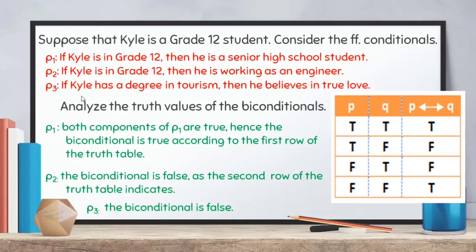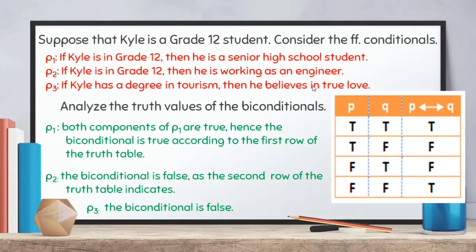Now for our third statement, if Kyle has a degree in tourism, then he believes in true love, right? So if our proposition P here is true, then our proposition Q is false, so it would be false. So our P if and only if Q would be false. How about if we say that Kyle is not a tourism student? He is a grade 12 student. So that will become false, right?